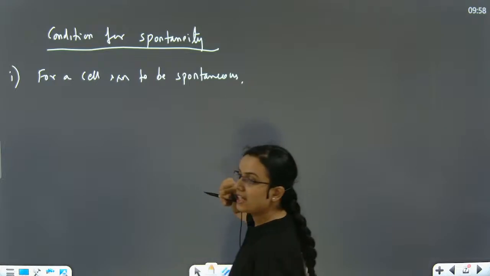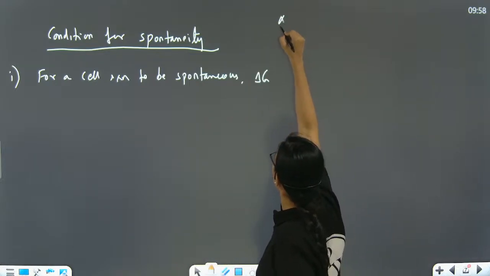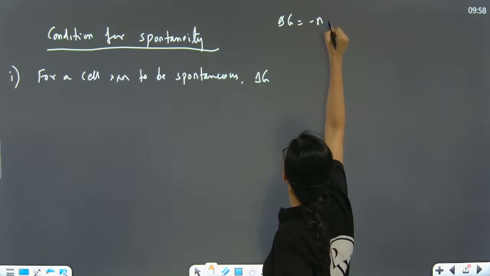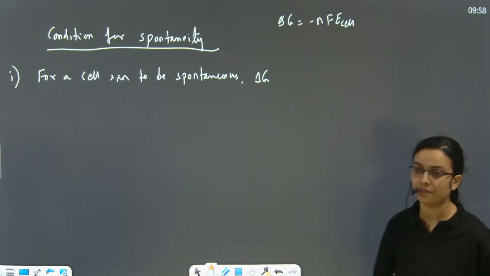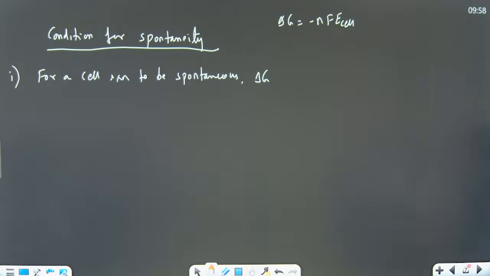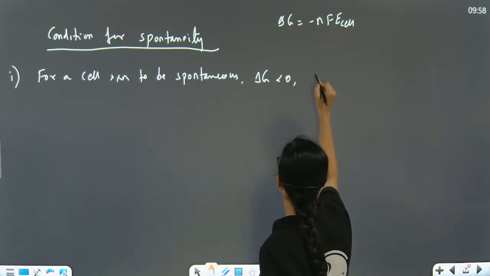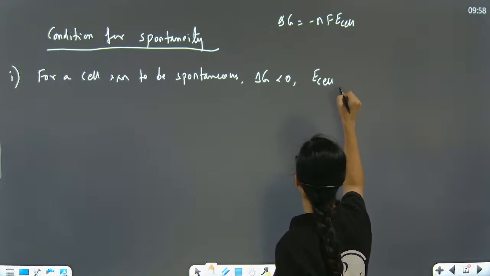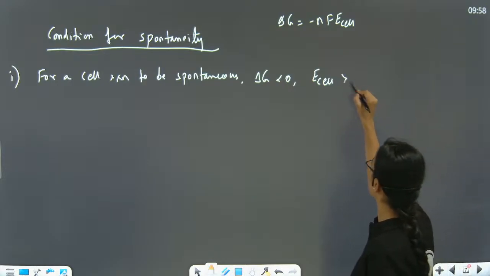For a cell reaction to be spontaneous, your delta G value should be what? Positive or negative? Delta G should be negative. If delta G is negative, E cell should be positive.